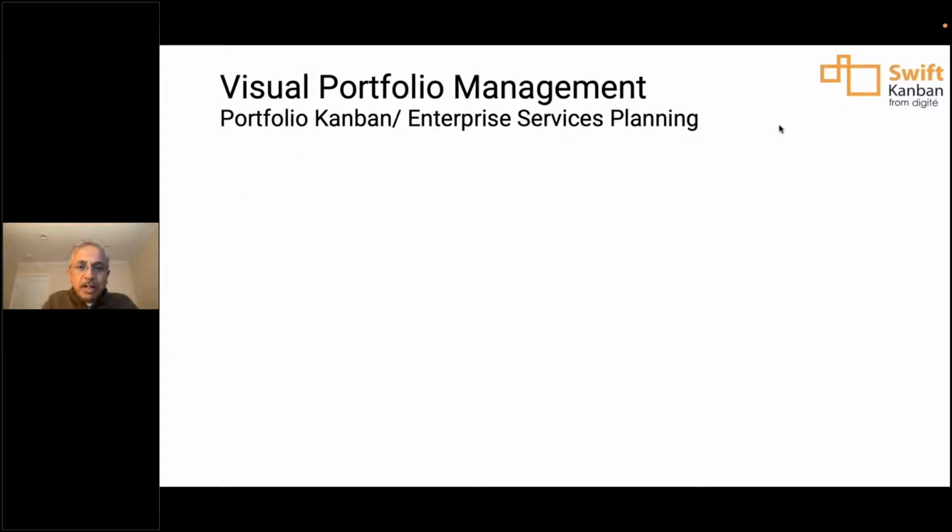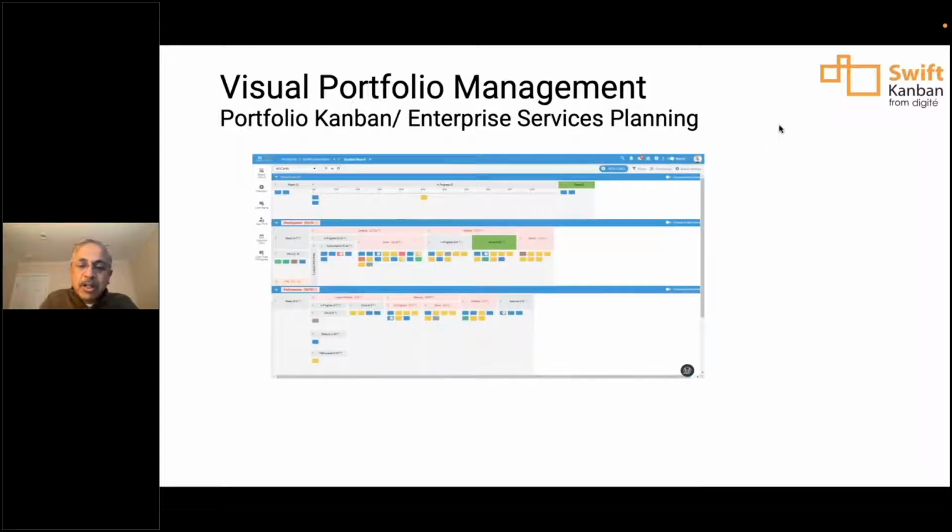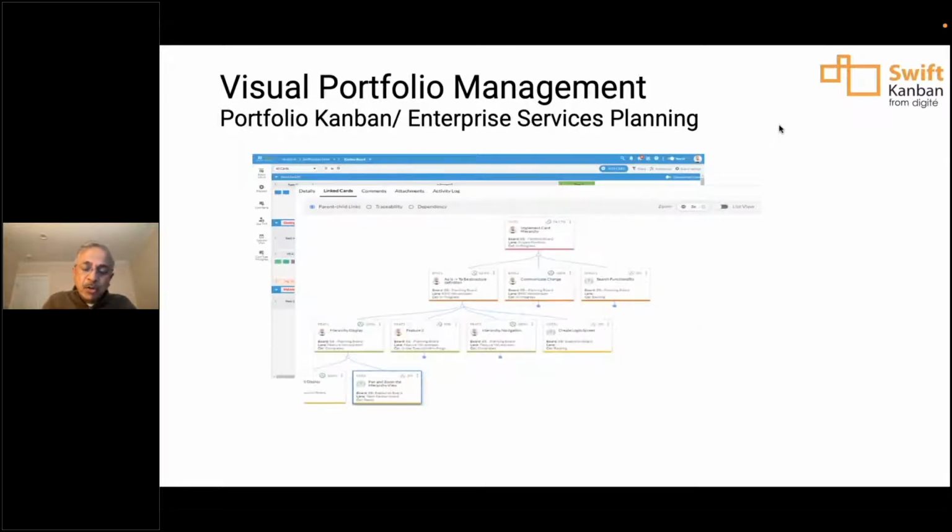Probably Sudhi might cover a little bit today, we'll see. But we have some pretty strong capabilities in the portfolio management space for visual portfolio management with Kanban, where we have a number of interesting capabilities for modeling your work hierarchies, whether they are programs, projects, tasks, or epics, user stories, and things like that.